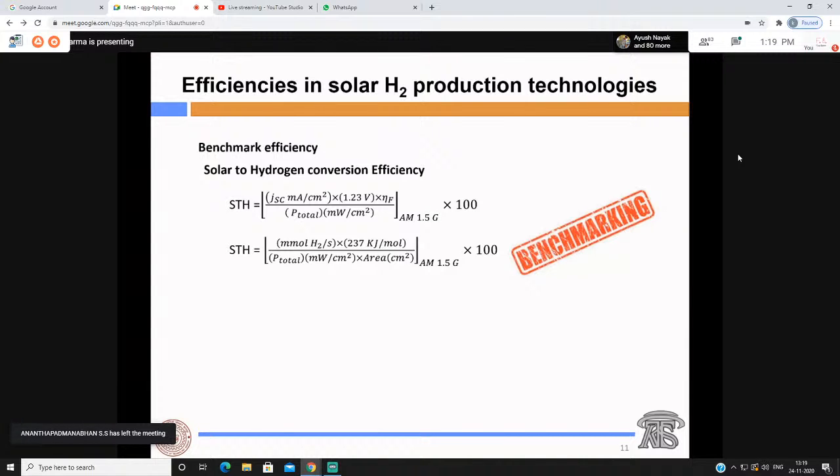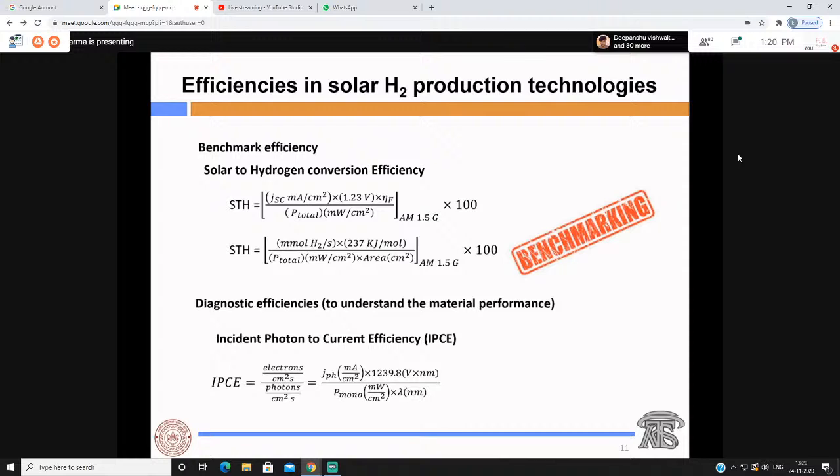Okay, so this is a kind of material which is converting solar to hydrogen as well as oxygen, the complete conversion of water into hydrogen and oxygen. But for materials which are only capable of hydrogen evolution or only capable of oxygen evolution, we do a specific study of the material, and for that we do diagnostic efficiency measurements.